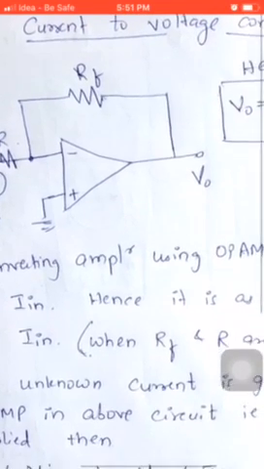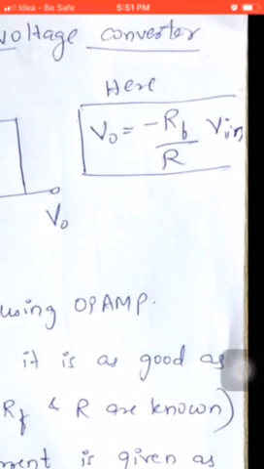In this circuit, we had the equation VO is equal to minus RF upon R multiplied by V input, where V input is the input voltage, VO is the output voltage, and RF and R are the values of the resistances.